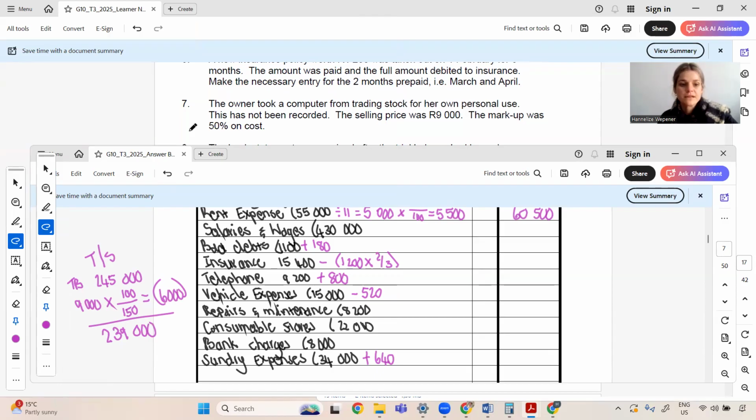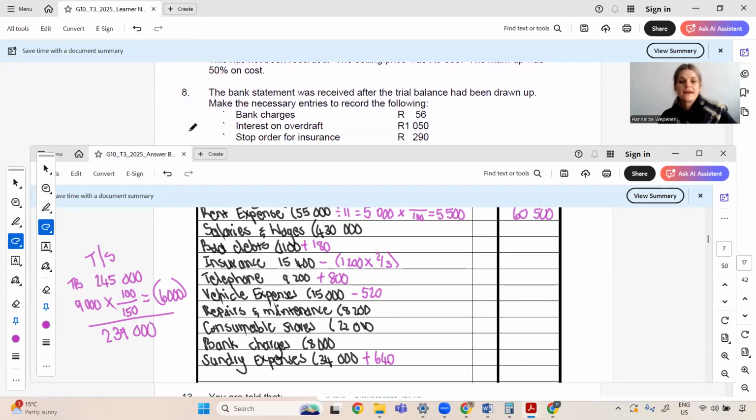Okay, right. Then the bank statement was received after the trial balance had been drawn up. That means that you haven't yet recorded these transactions up until now. So in other words, you must now record these transactions.